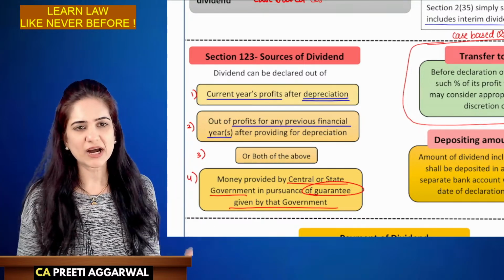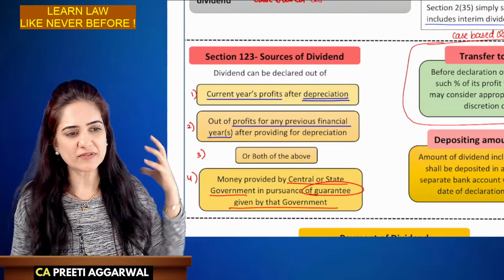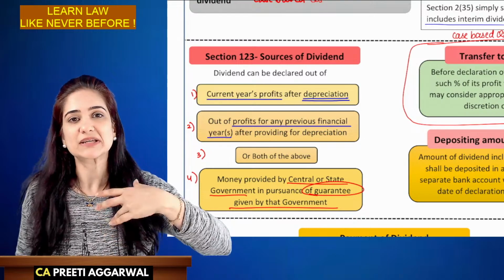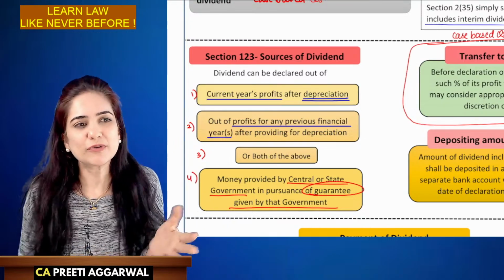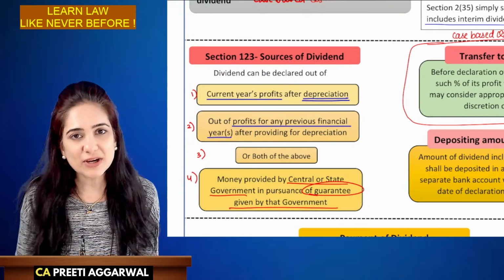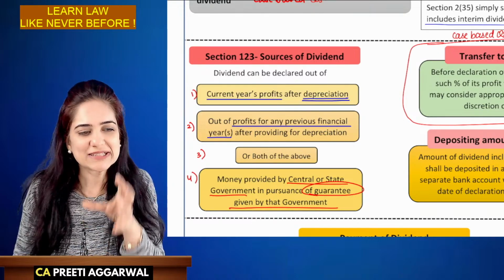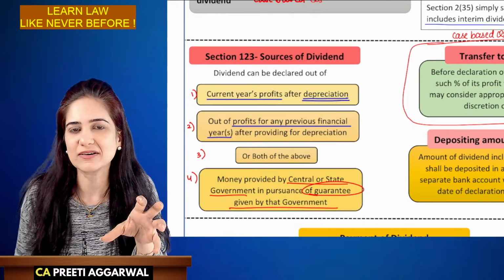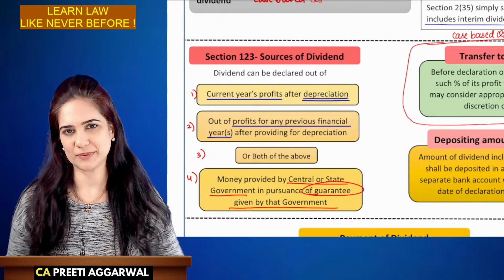See, if today I am giving you 10%, in the previous year I have given you 20%, 15%, that is the average rate of dividend. If today suddenly I don't give you any dividend, you will feel that the company is not doing good, the company doesn't have any profit. That is why they're not giving dividend. So dividend is actually a direct indicator of the profitability of the company.